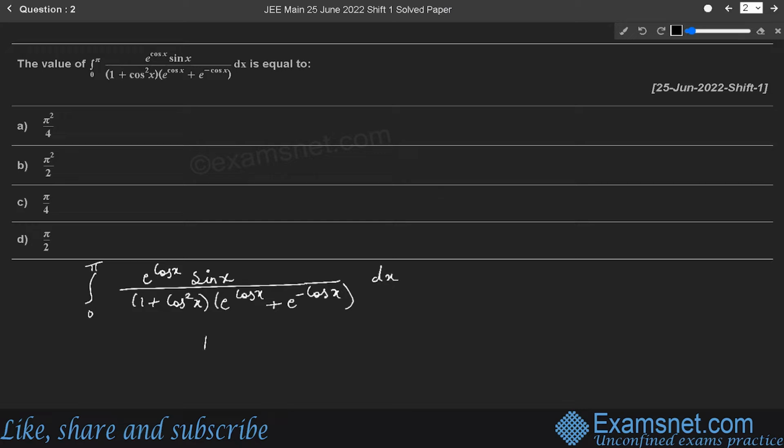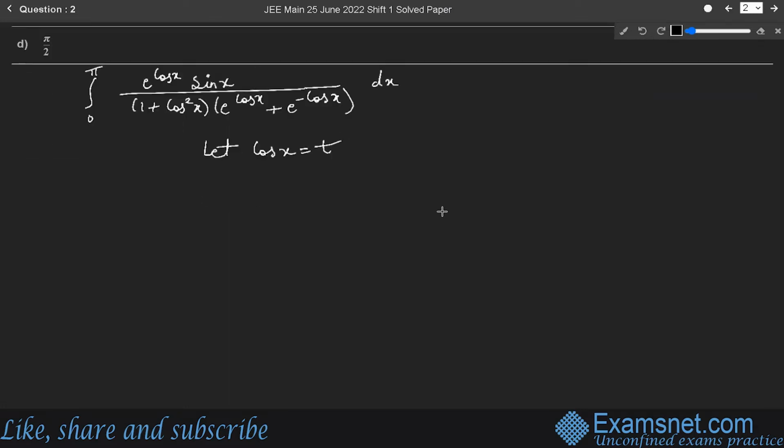So here let cos x is equal to t. Therefore, sin x dx will be equal to minus dt. So this will be the integral from 1 to minus 1 of minus e power t dt divided by (1 plus t square) into (e power t plus e power minus t).